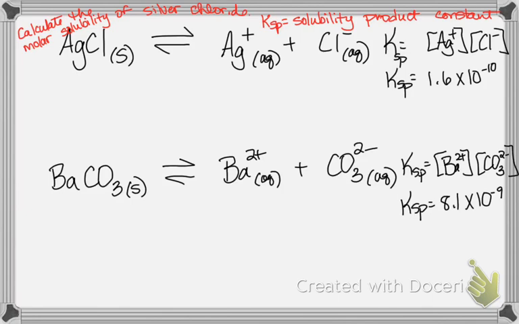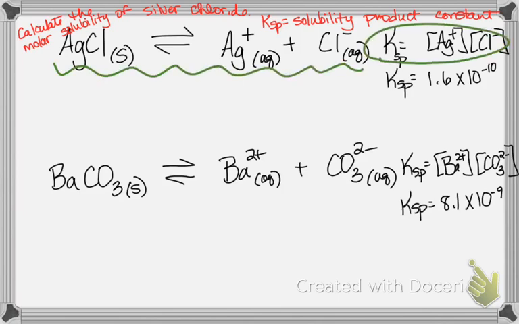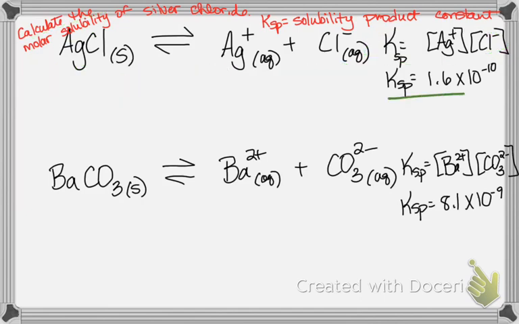And so that's all the problem's going to say. You should know what the formula for silver chloride is, and you should know how to write this equation and this KSP expression just using these words, calculate the molar solubility of silver chloride. You would need to look up on the table the KSP. And if you look that up on the table, you'll find that table gives you a lot more information.